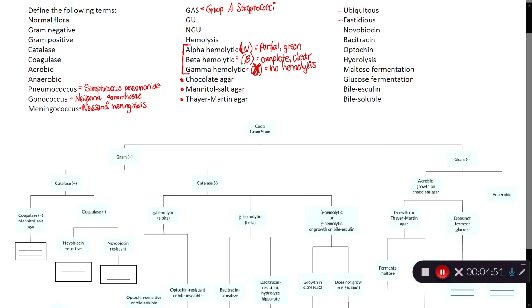Ubiquitous organisms aren't very picky and they don't need a whole lot. They can pretty much grow in a lot of different places, and they might be a little bit more suited to harsher conditions, whereas fastidious organisms, they are real divas. They're like the Mariah Carey of bacteria, is what I like to say. Like, you got to provide everything for them on a silver platter. So that's going to be like Neisseria and Haemophilus.